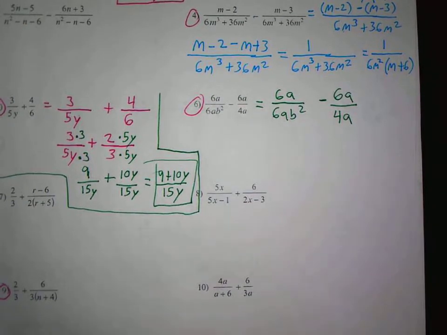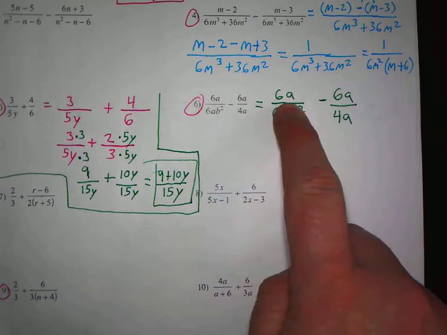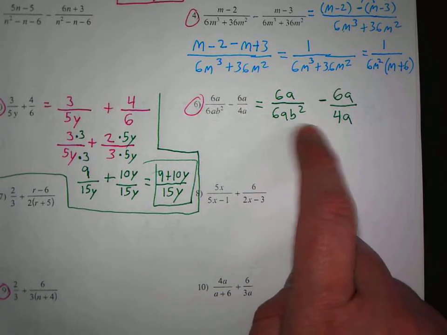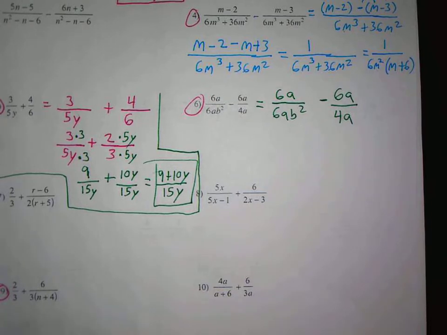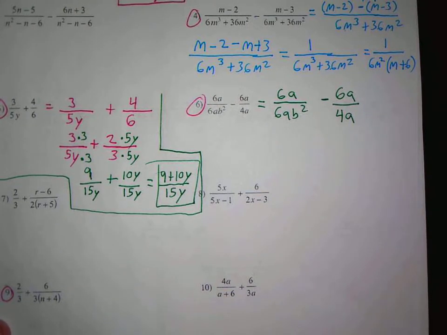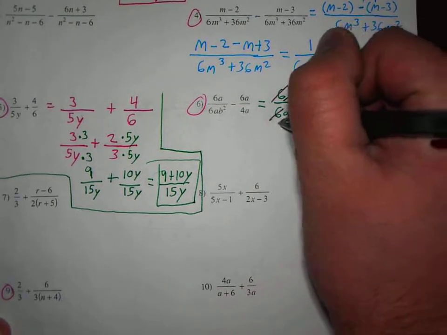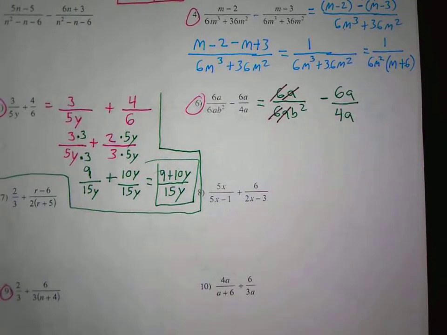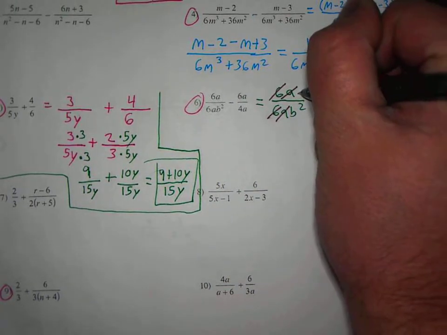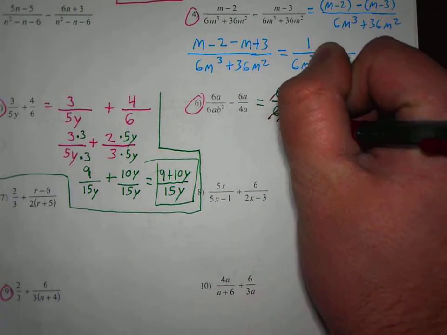So look at this fraction. Anything reduce? 6 and a are separate. 6ab squared are separate. No plus sign or minus sign. So it cancels. A 6 and an a, right? So what does that leave? Close. Right, there's always a 1 there, right? So it's 1 over b squared.